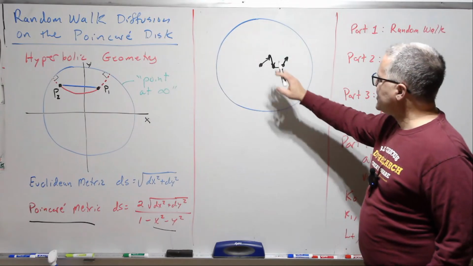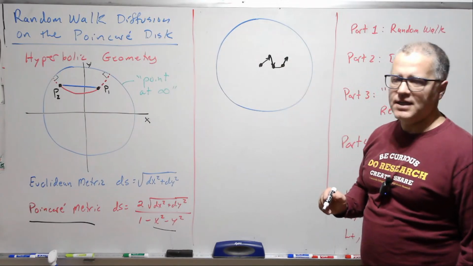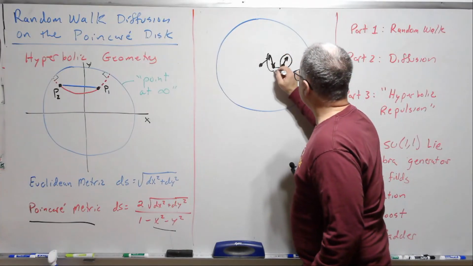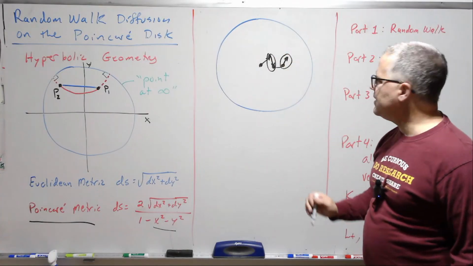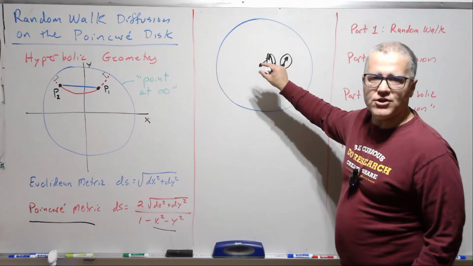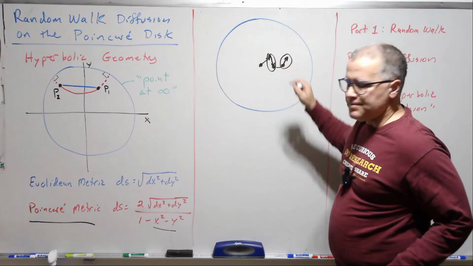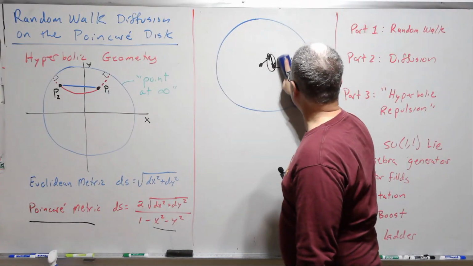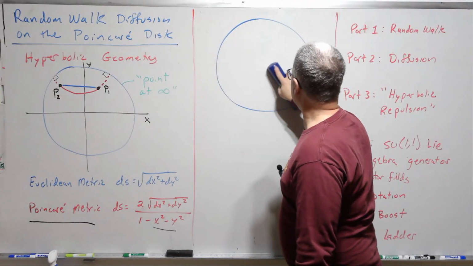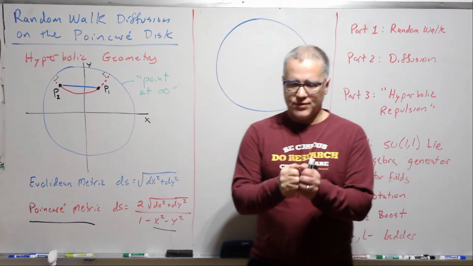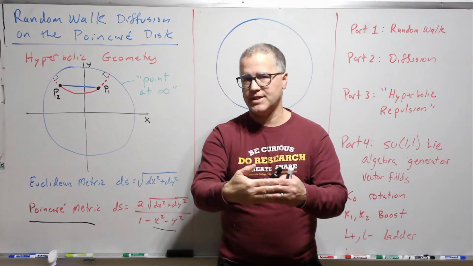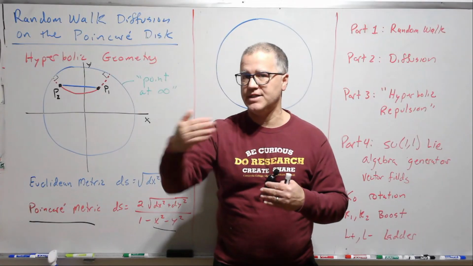And if we were to watch the path of the random walk and look at any given step from one step to the other, this distance will always appear to be the same, right? And it will be the same. Now, let's see what happens in the hyperbolic case. So in the hyperbolic case, we're confining the step to be the same hyperbolic distance each time, not Euclidean distance.